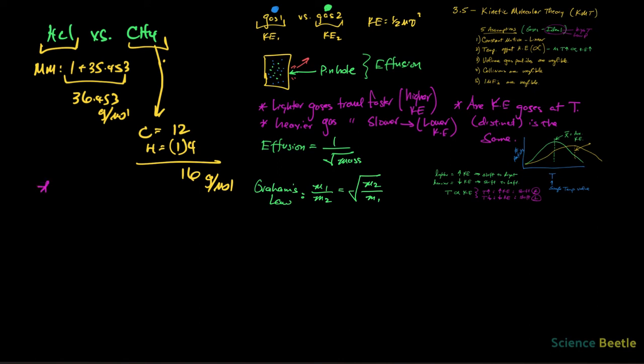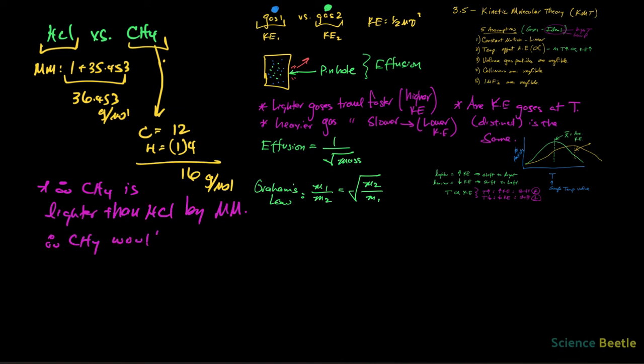And so therefore, since the CH4 is lighter than HCl by molar mass, and you can write down the numbers in your explanation if it's an FRQ, CH4 would effuse faster than HCl out of a container.